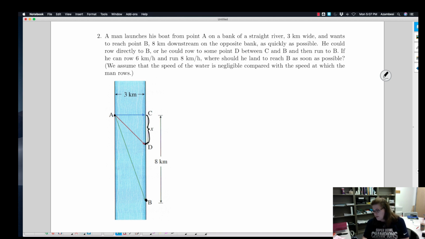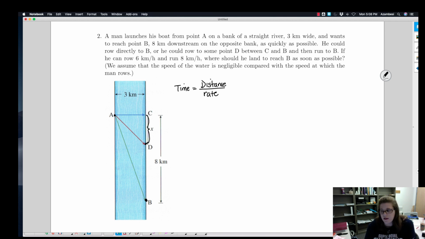So our job is to see which way is the quickest. A couple of things to know is that the time it takes to get somewhere is always the distance that you travel divided by the rate.